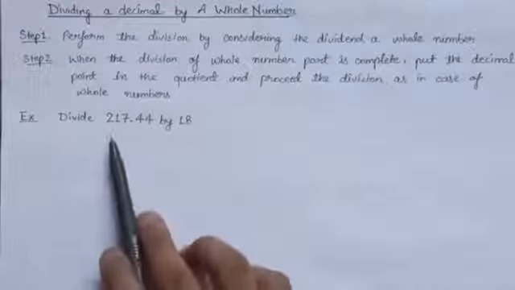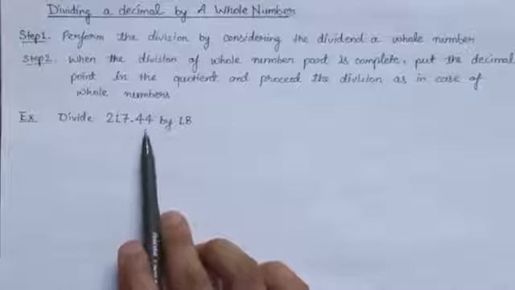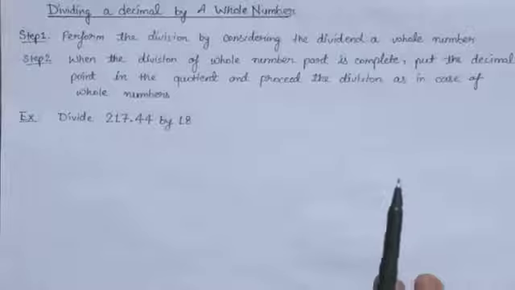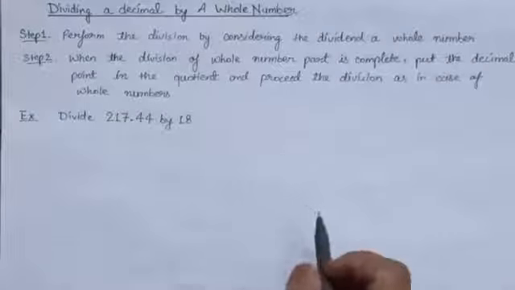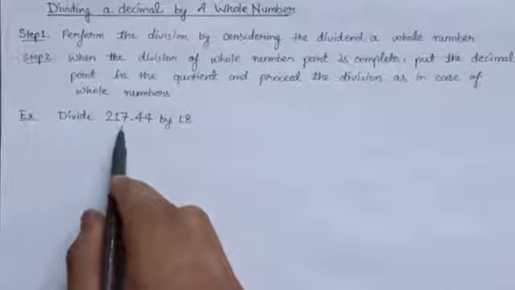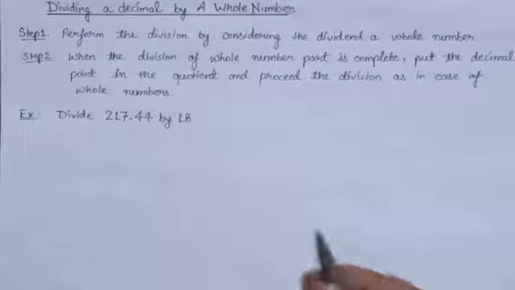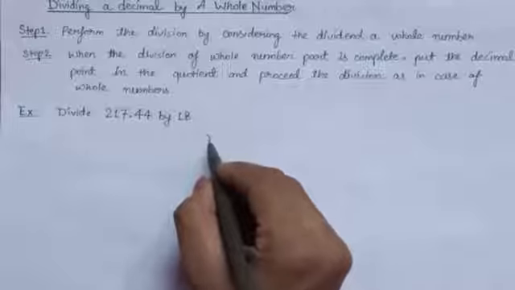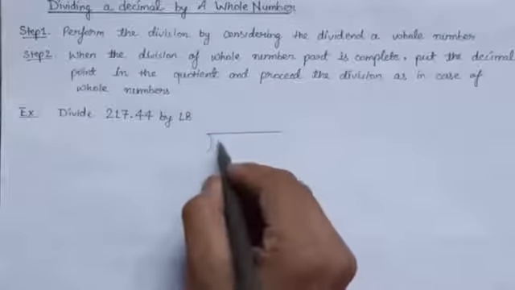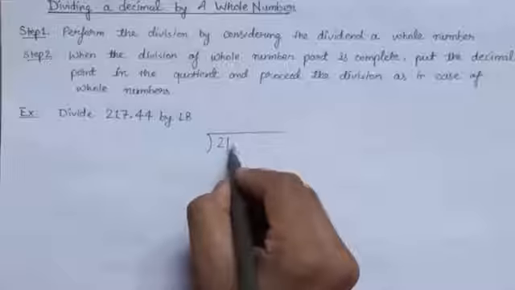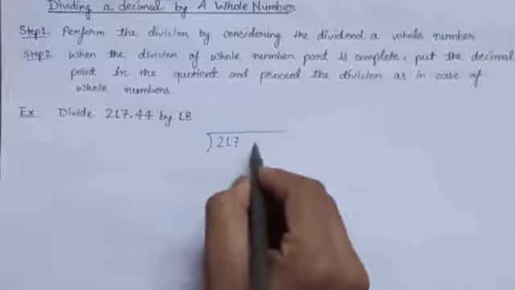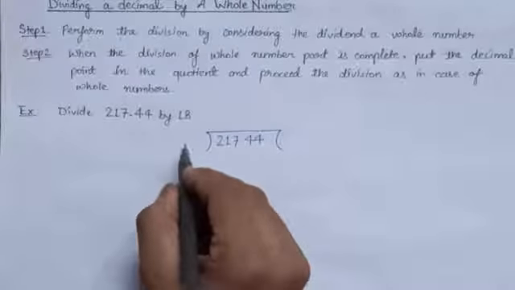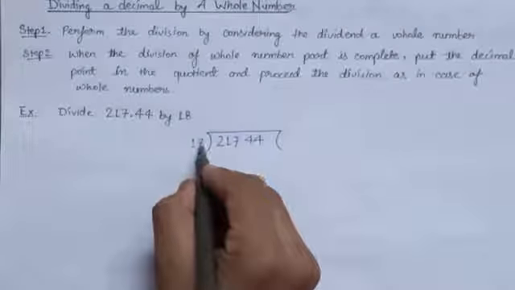Here we have to divide 217.44 by 18. Let us perform this division with the help of these two steps. Here the dividend is 217.44 and our divisor is 18.